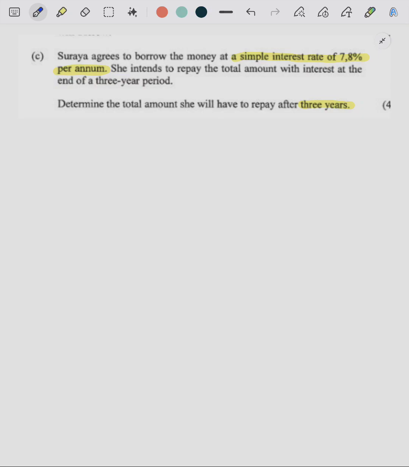Now we are carrying forward our answer from the previous question, the 350,000, because that's how much she's borrowing. If you got the wrong answer in the previous question, but you're using the same method as what I'm showing you, you can still get all 4 marks for this question. It doesn't matter if your values are wrong, as long as your method is correct, carrying through the value from the previous question. Okay, but we know that this is the right answer from the previous question.